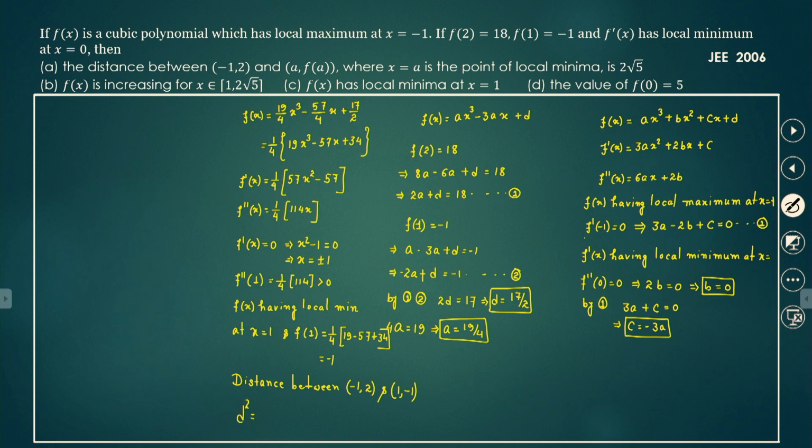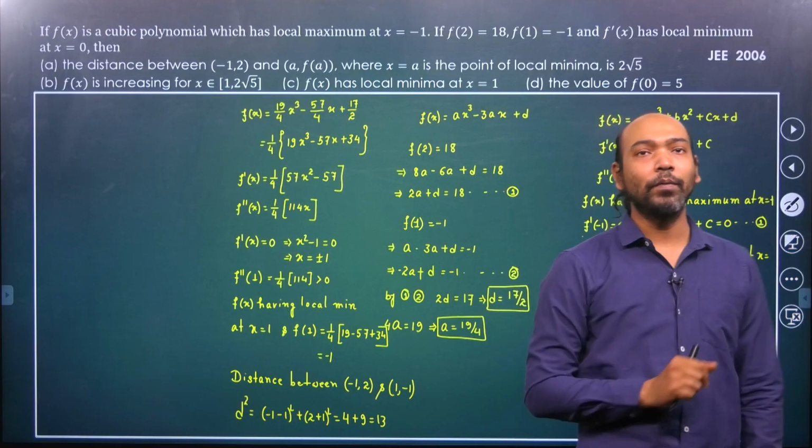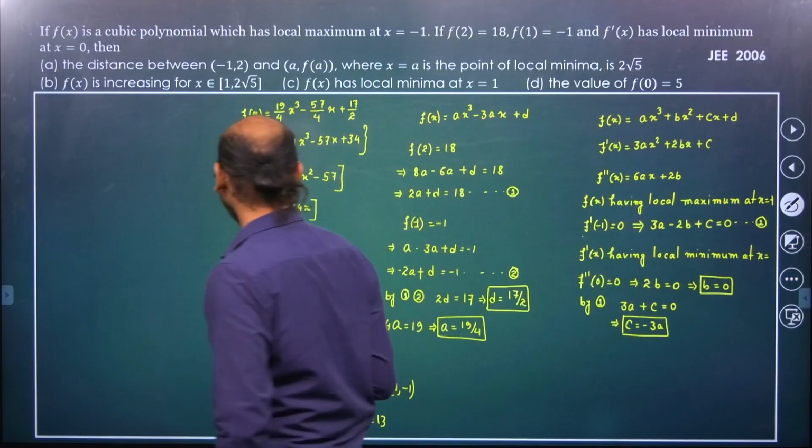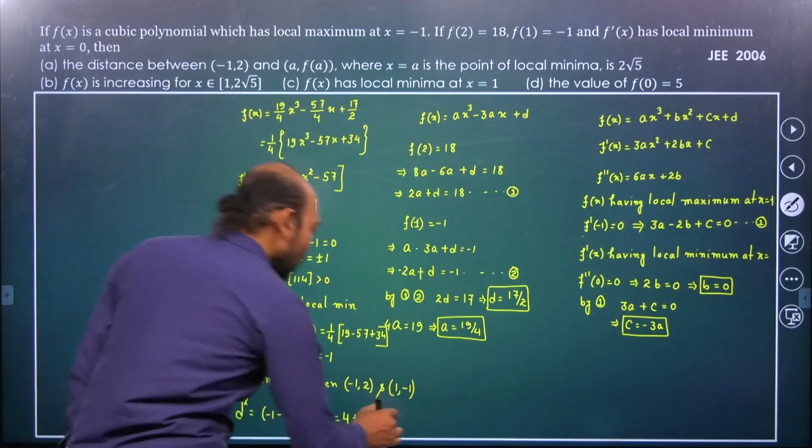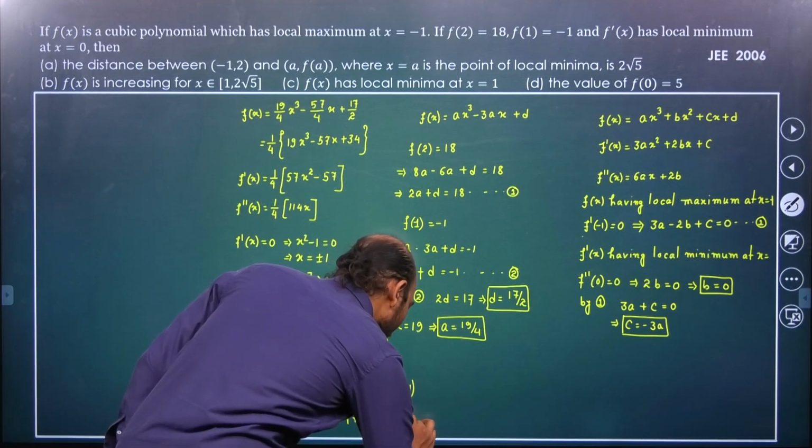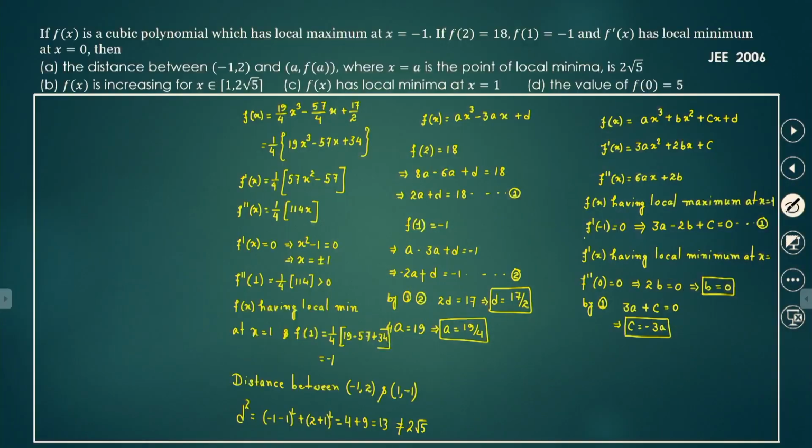So d square is equal to minus 1 whole square plus 2 plus 1 whole square. That gives me 2 twos are 4 plus 9, and that is 13. So obviously that distance is not equal to 2 root 5, right? So therefore option A is wrong. That's our first step.